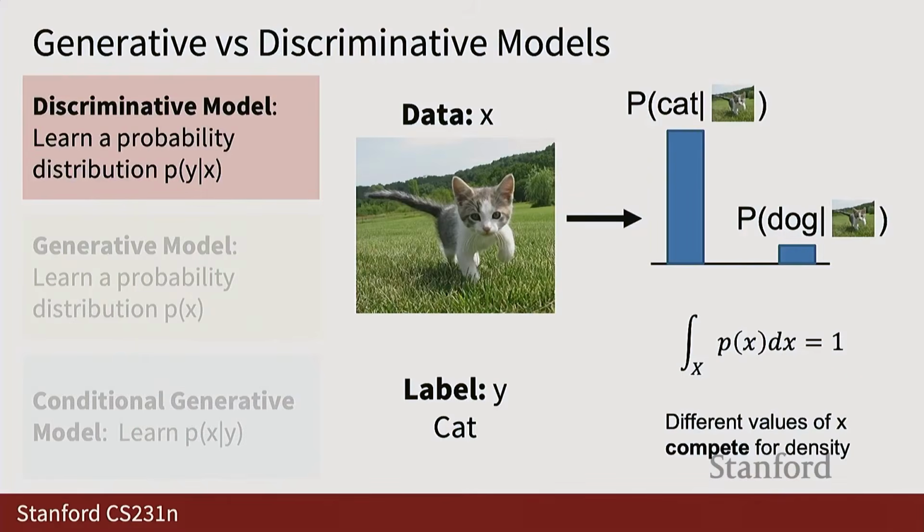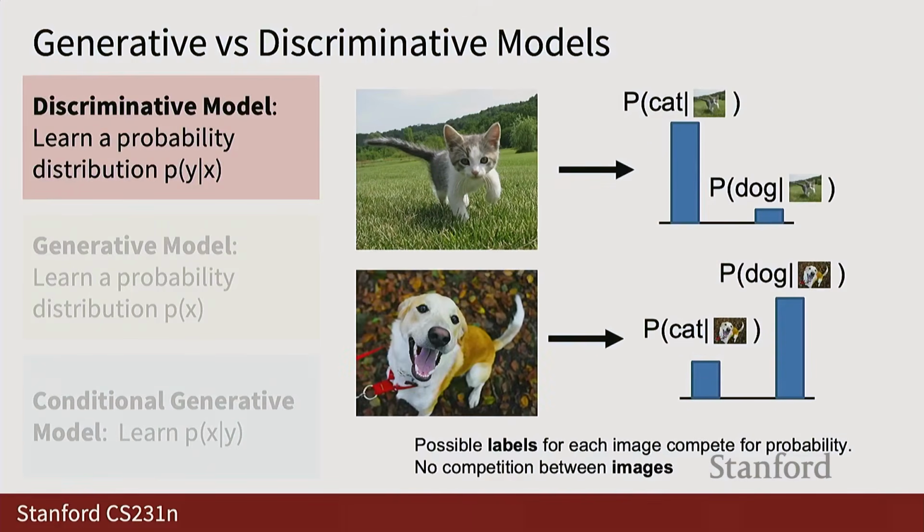So in the case of a discriminative model, we're learning a probabilistic model of y conditioned on x, which means that for every x, our model is predicting a probability distribution over all possible labels. So if our labels are discrete and categorical, like cat, dog, then that means we have a fixed amount of probability 0 to 1, and cat and dog must sum to 1. And we have a separate probability distribution over the labels for every input x.